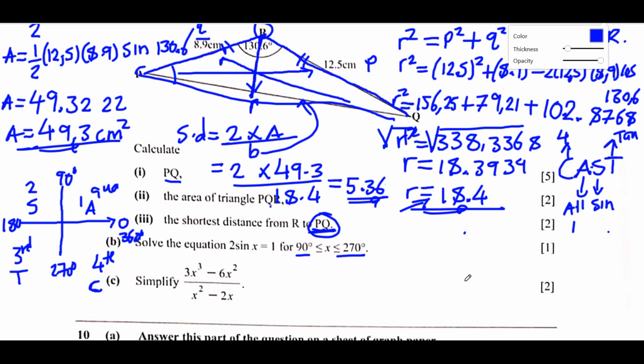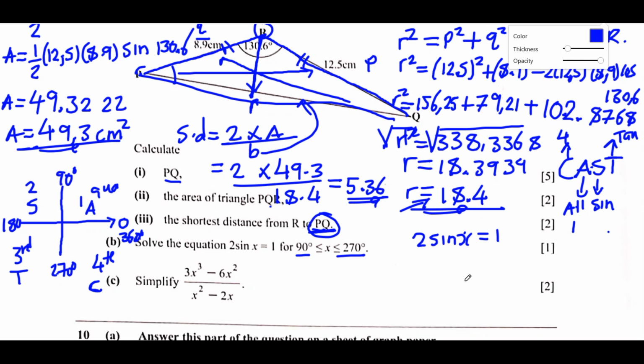And if you look at this equation, we have 2 sine x is equal to 1. So if you look at the sine is positive, which simply means that we need an angle for sine that is positive, and that angle must be in the range between 90 to 270.